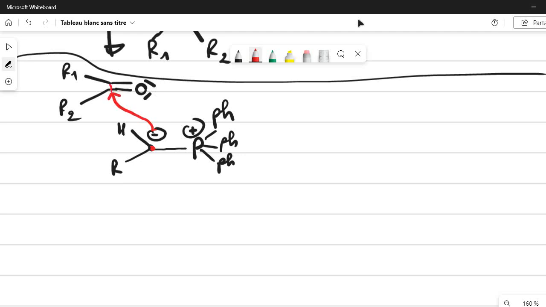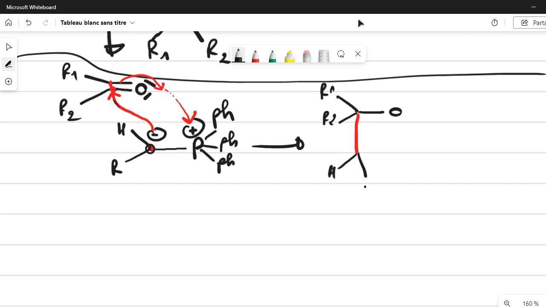We're going to attack this carbon, and this carbon is going to form an alkoxide, which is going to attack this P. So we write everything we had before, R1, R2, and we added this bond, this red bond, like this.